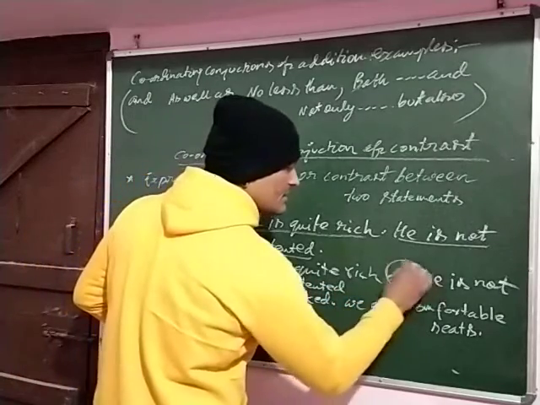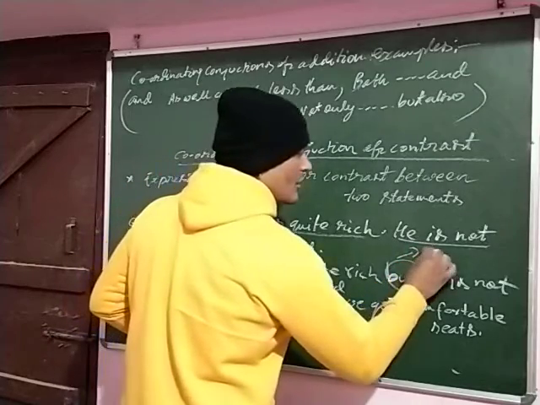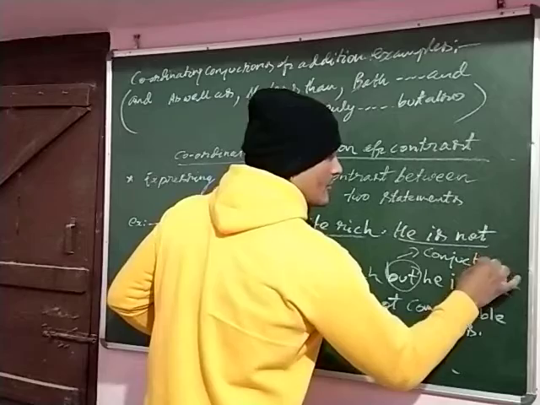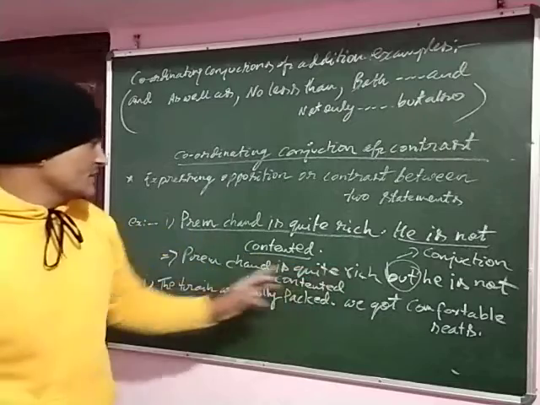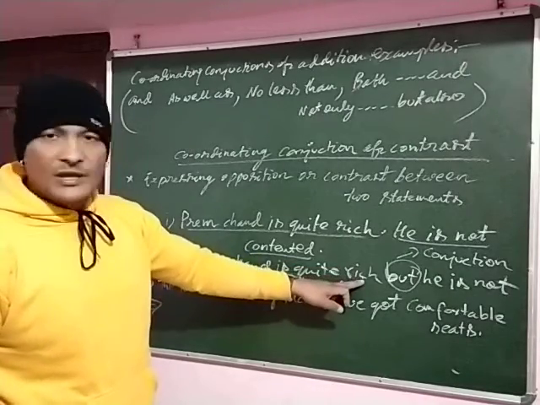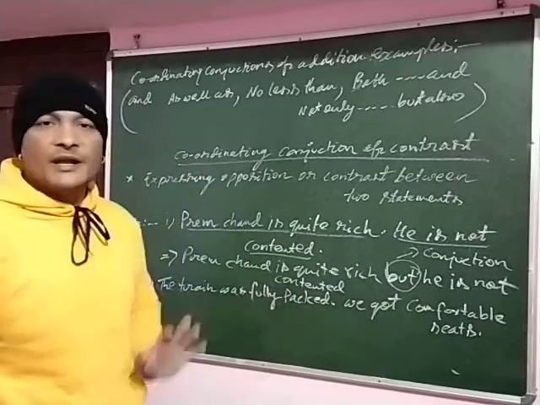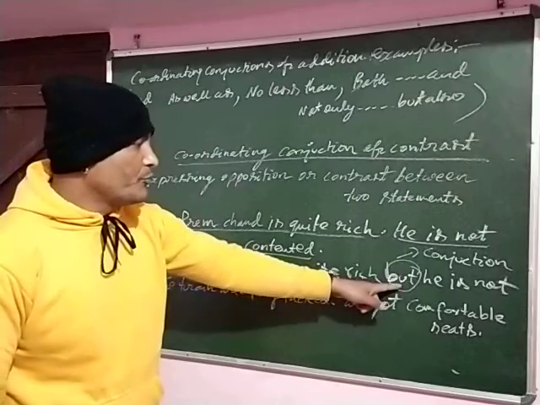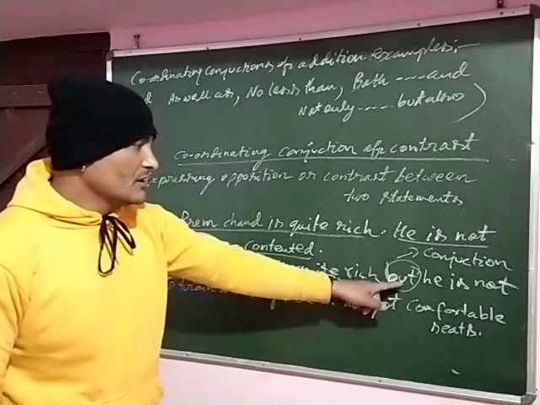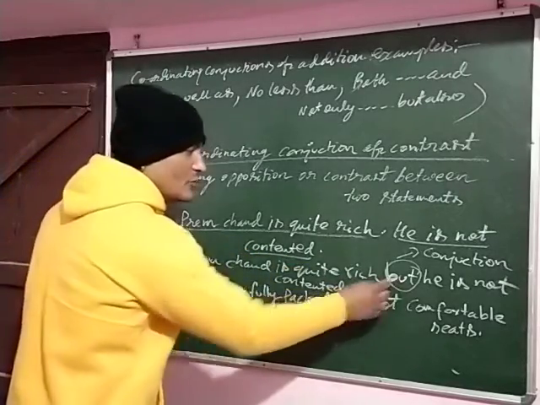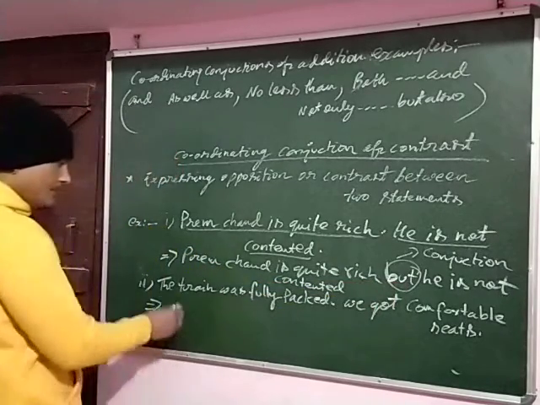So here "but" is such a word, it's called a coordinating conjunction of contrast. Prem Chand is quite rich, but he is not contented. So this "but" is used to join these two contrast sentences.